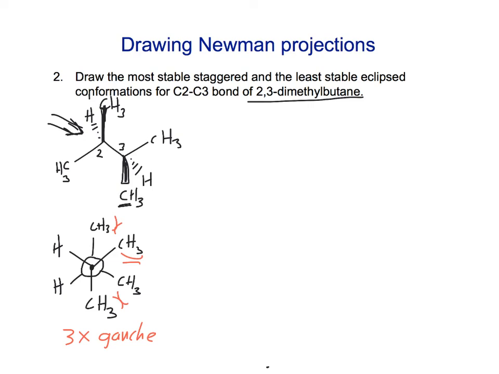So can we do better than that for a staggered conformation? Let's try one additional structure. We're going to rotate the back carbon just like we did before. I'm going to draw the front carbon just the same as before, and the back carbon, I'm going to rotate clockwise.